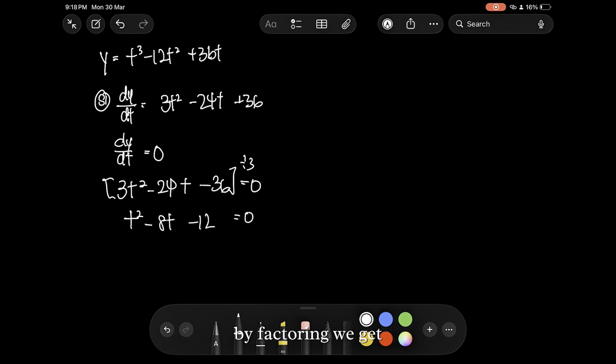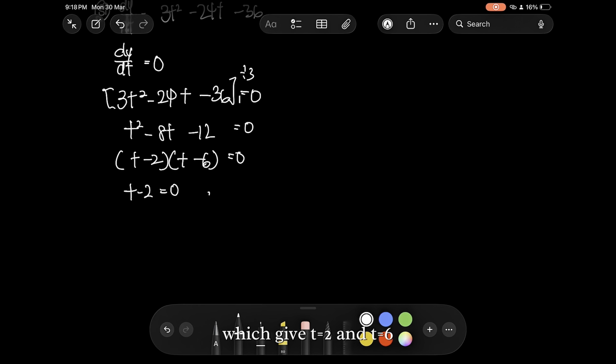By factoring, we get (t - 2)(t - 6) = 0, which gives t = 2 and t = 6 as the stationary points.